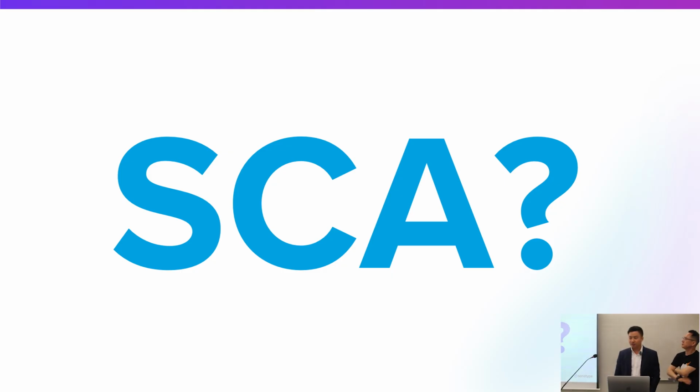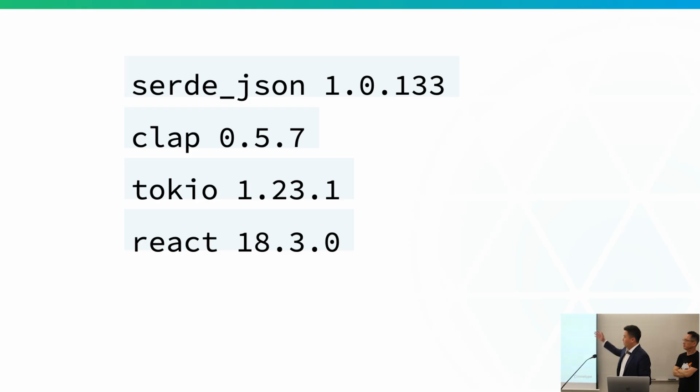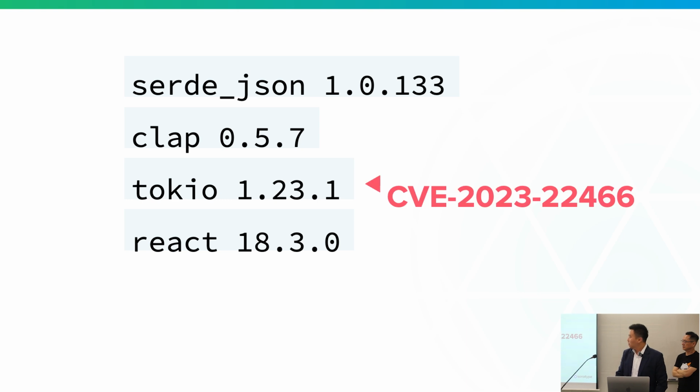So what is SCA, software composition analysis? Here, as you can see, is a list of libraries that this particular developer is using. And SCA helps you to identify whether there is any vulnerability within these libraries. It can be based on a CVE code. For Sonatype, apart from the CVE code, we also have a Sonatype code, where we discover the vulnerability or malicious code by ourselves first.